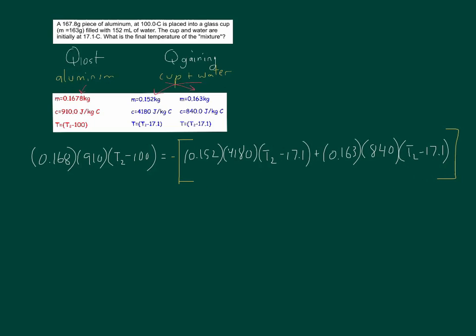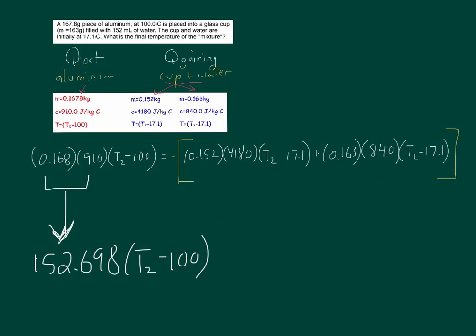So what we're going to do is simply take the two terms out in front and multiply them. So these two are going to get multiplied, these two are going to get multiplied, and these two are going to get multiplied. Okay, so if I take these two terms right here, 0.168 times 910, I will get 152.698, and I still have the binomial of T2 minus 100. And next we're going to go over to this one.